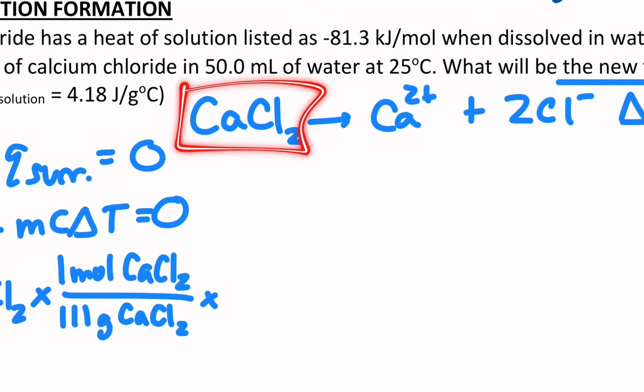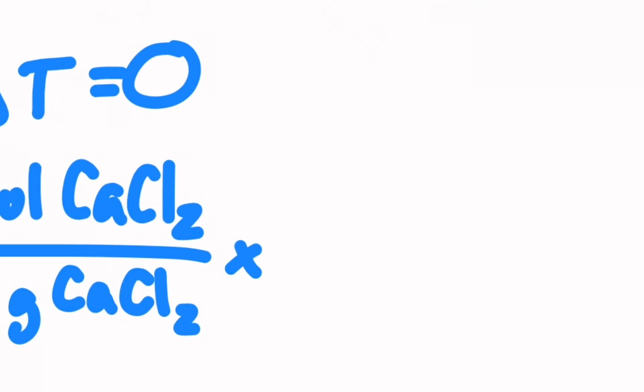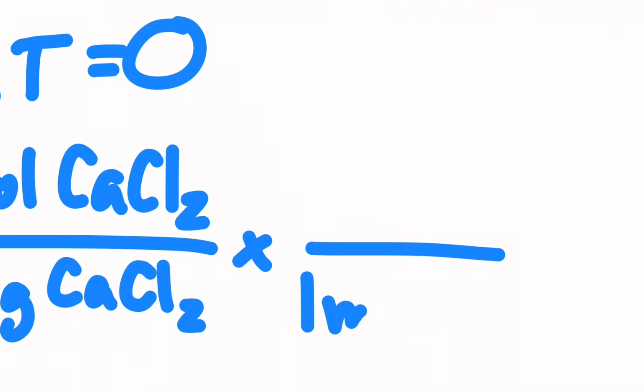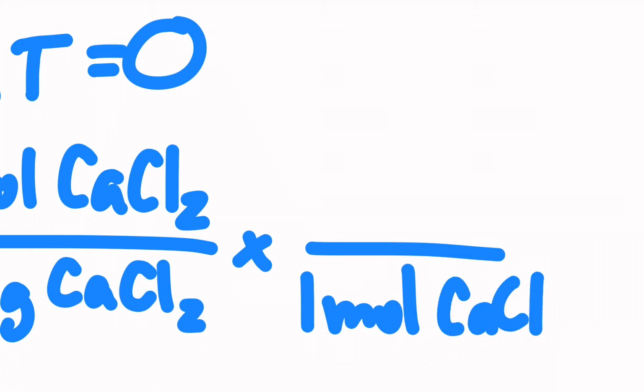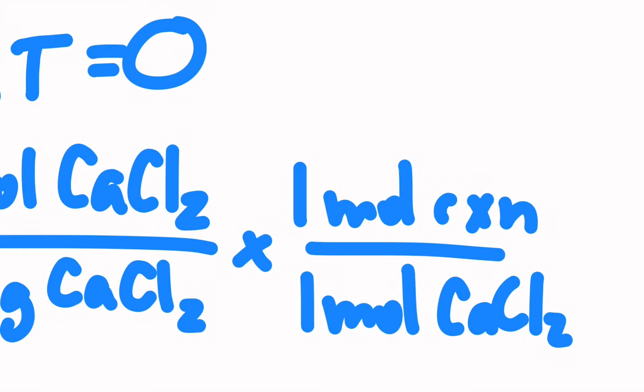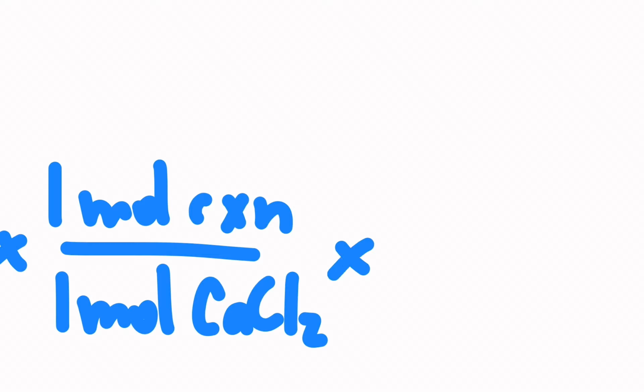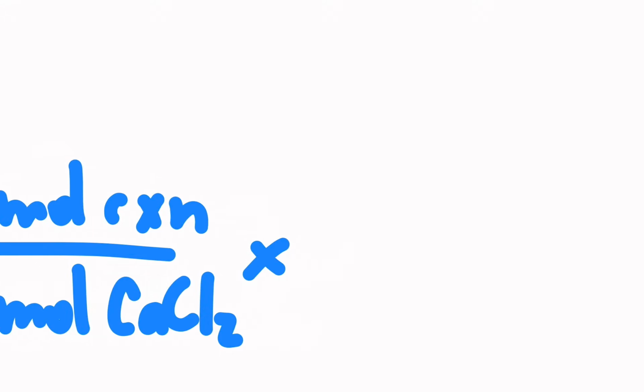Well, the coefficient of calcium chloride is 1. So there's 1 calcium chloride, or 1 mole of calcium chloride, for 1 mole of reaction. Maybe that's redundant and you didn't put that there, and that's okay if you can recognize that it is just a 1-to-1 ratio. But I like to, because then I can see how the delta H is used.